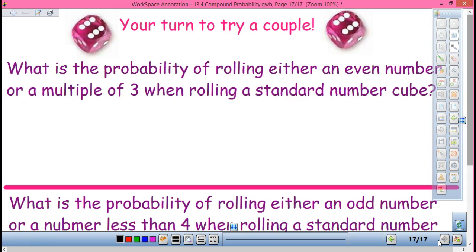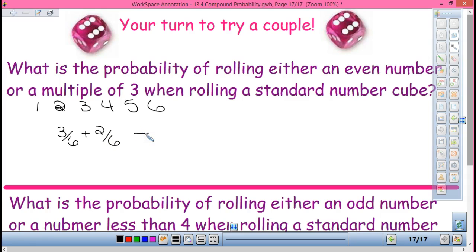Okay, so I've got my cube. 1, 2, 3, 4, 5, 6. Even number or a multiple of 3. So what's my probability of even number? 3 out of 6 plus multiples of 3, 2 out of 6 minus my overlap.